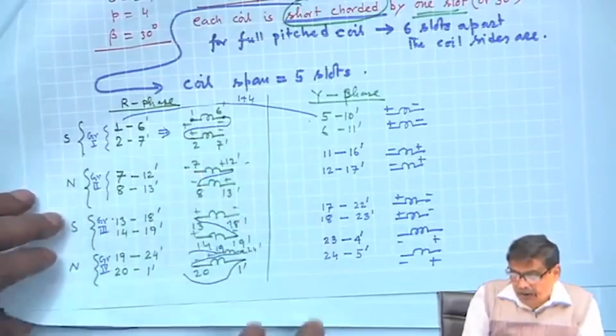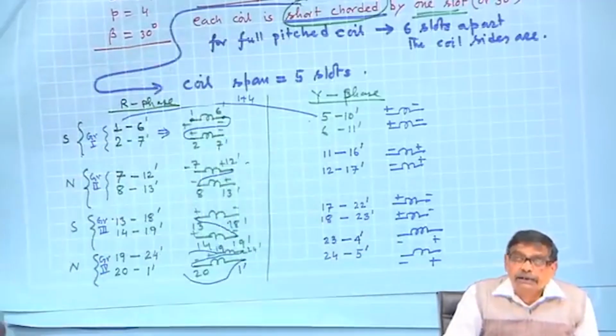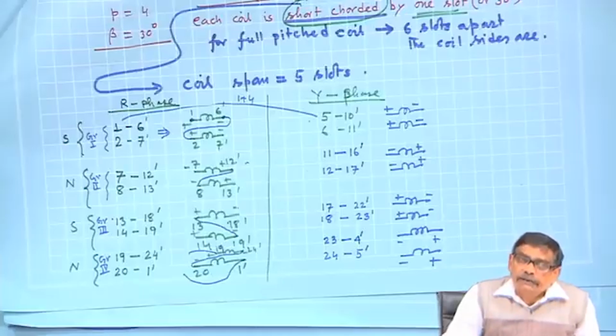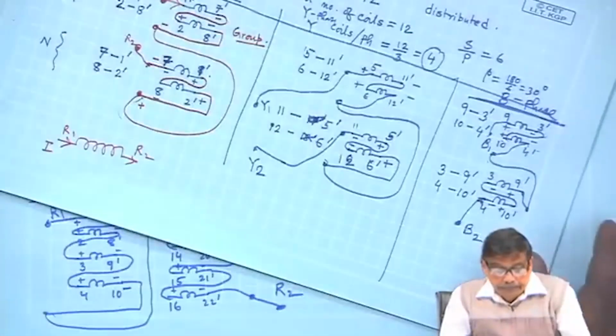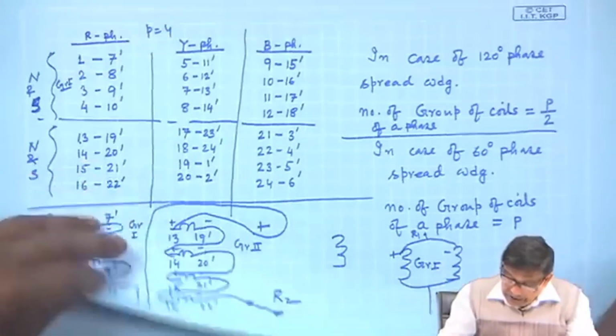After I have gone through these few lectures about the windings, I think you will be placed in a better position to understand what exactly is going on when a balanced 3-phase distributed winding is excited by balanced 3-phase current. So, the introduction to that will be in this way.